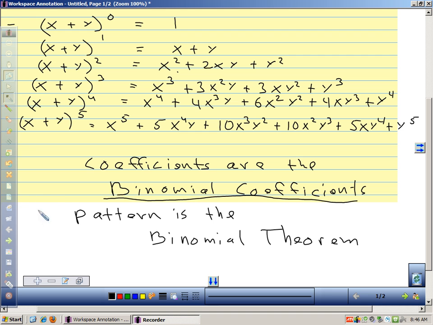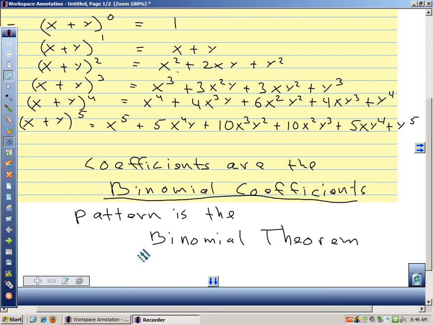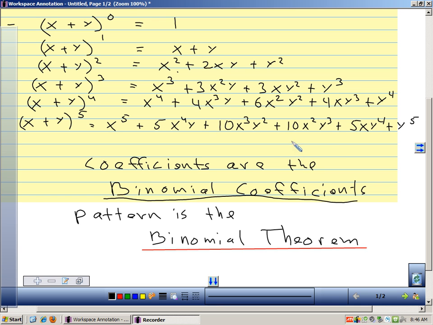And the binomial theorem is a formula that tells us how we can figure out this pattern. So I wanted to show the pattern first. We're going to write the binomial theorem next, and then we'll talk about what the parts of the binomial theorem mean. And we're going to relate that to what we've been talking about with sequences and sums.